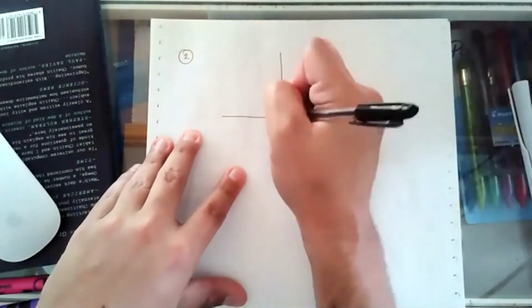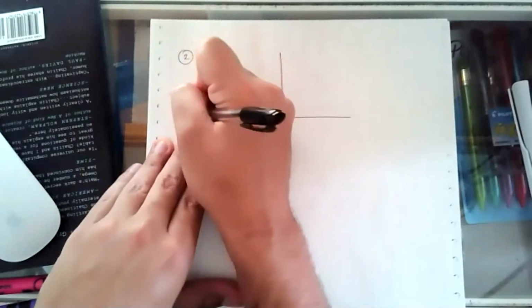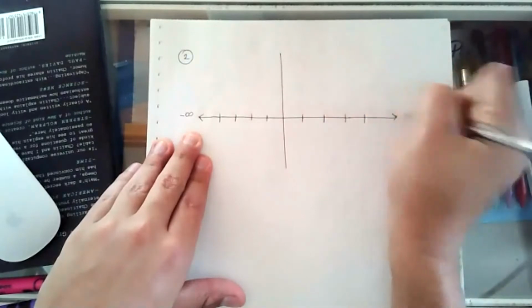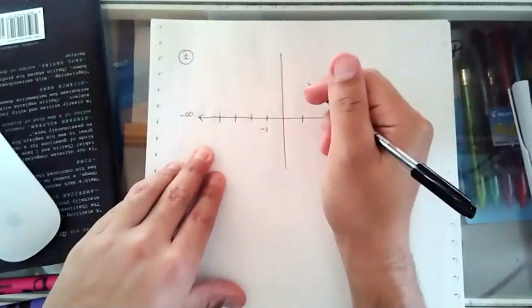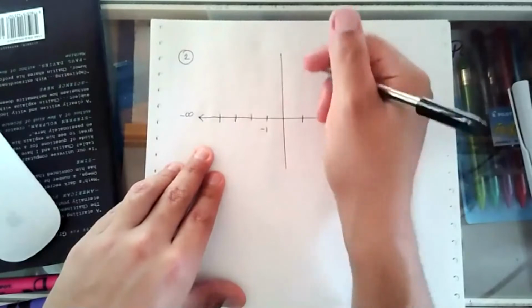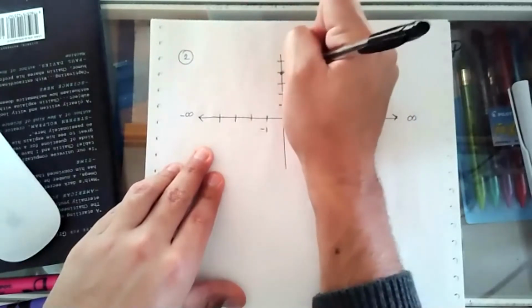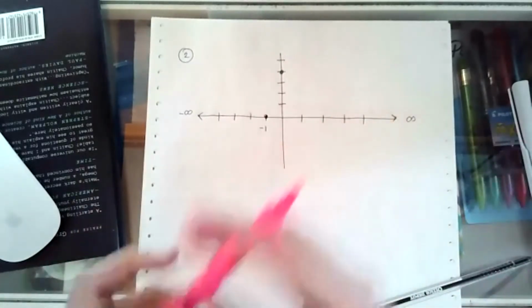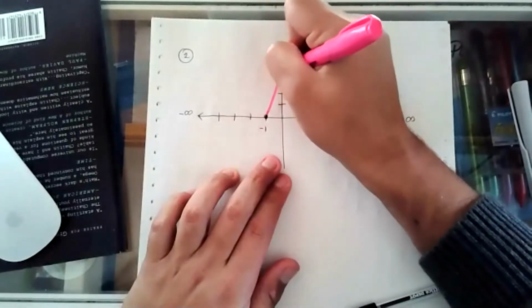And this is 1, 2, 3, 4. 1, 2, 3, 4. So this is going to be negative 1.